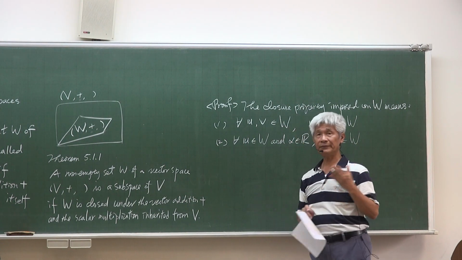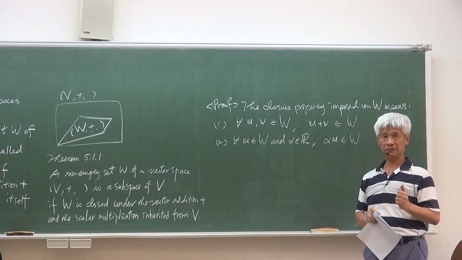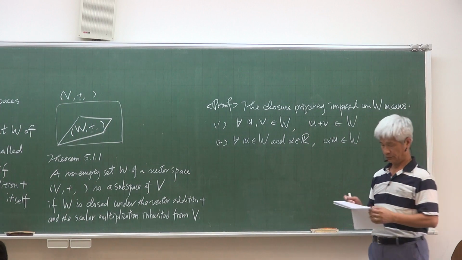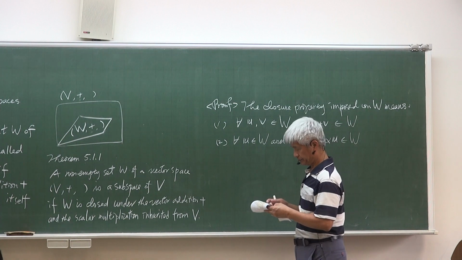And then we have 7 axioms to be justified. Remember, we have the 7 axioms for a vector space in addition to the closure property.